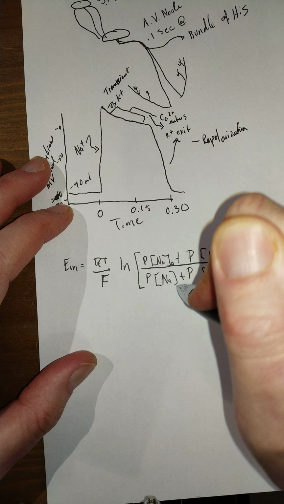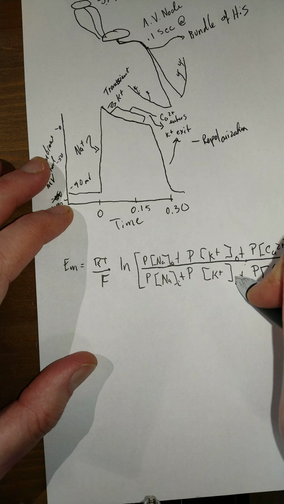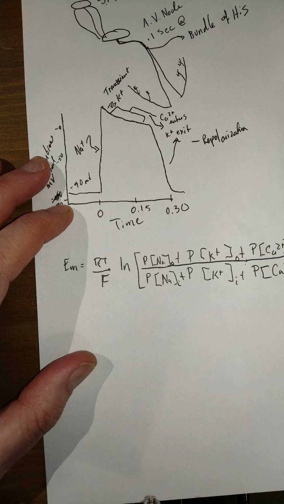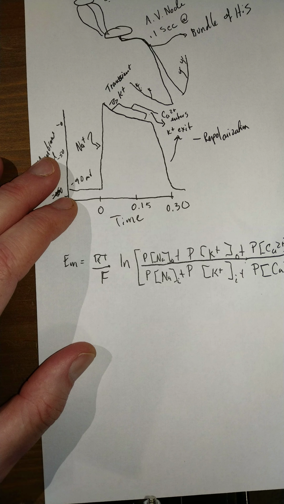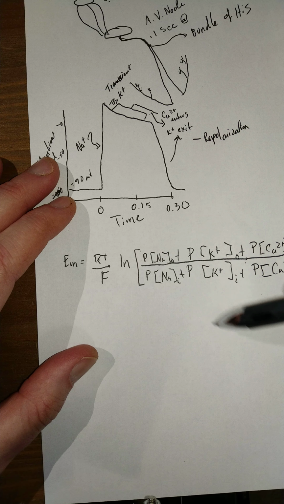And remember, it's out, in. This would be reversed if they were negative ions or anions. Since they're all cations, we're looking at it from this way.